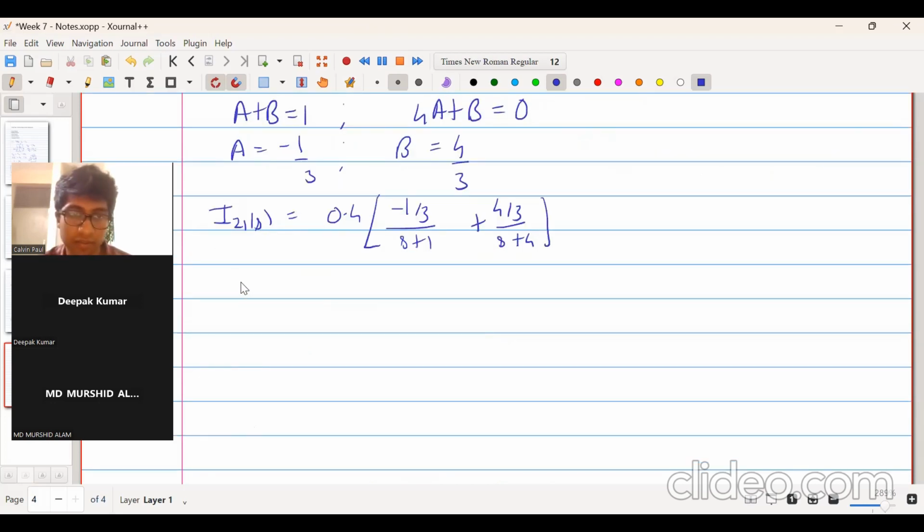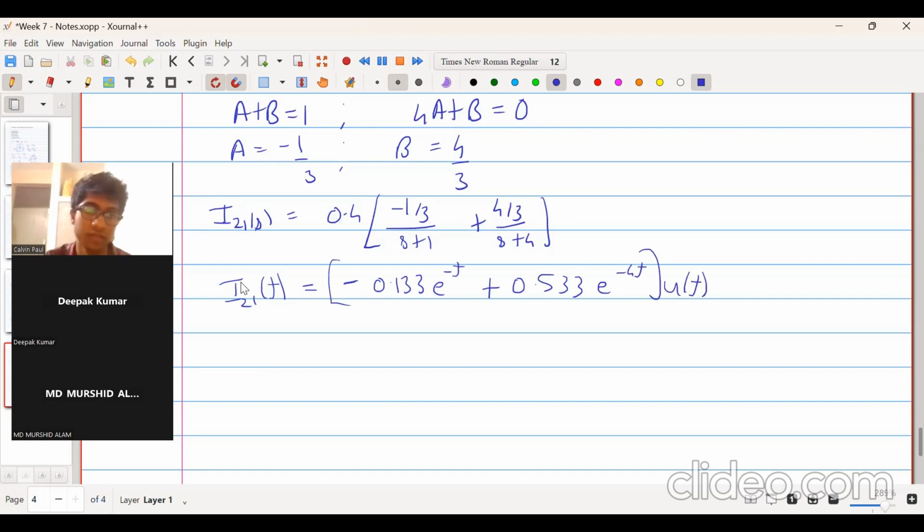So we get I21 of t, when we take the inverse Laplace transform, to be of this form: minus 0.13 e to the power minus t plus 0.533 e to the power minus 4t into U of t. So we have got it in the required form.